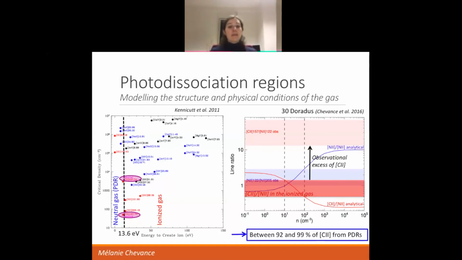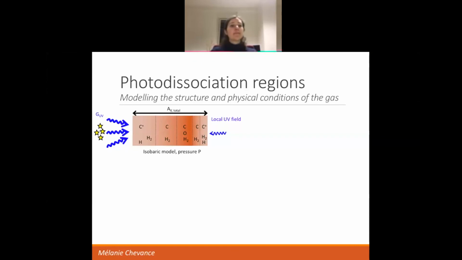If you do the math, you can estimate that between 92 and 99% of the C2 lines is emitted from the PDRs. So it is a good diagnostic, especially in this region here, but also in general, a large fraction of C2 actually comes from the neutral gas. And in Sertit Radius, we can use it as a probe of the neutral gas and the PDRs.